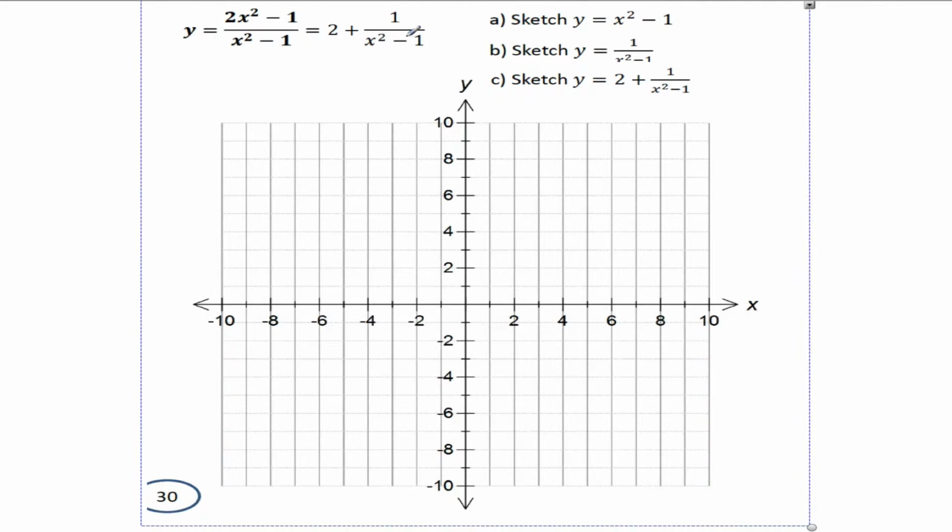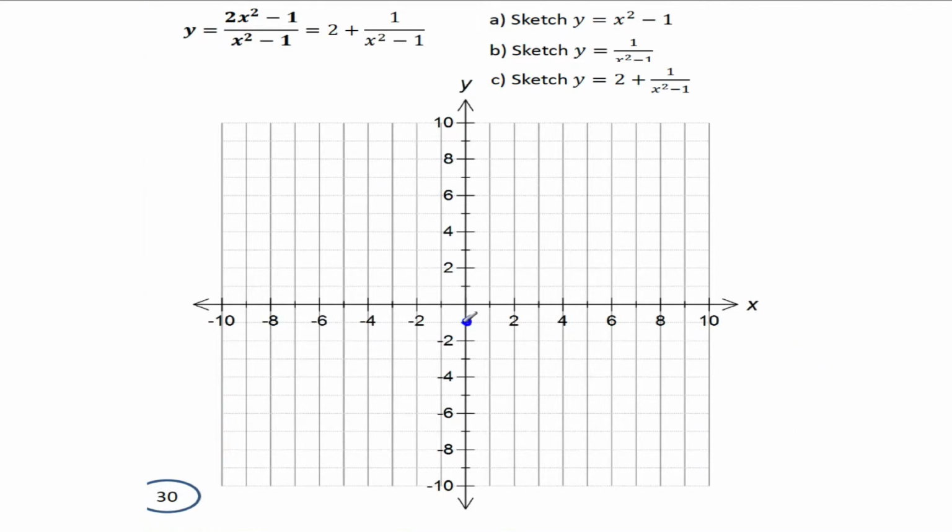So we're going to take it in a couple of steps. We're going to, first of all, sketch x squared minus 1. So that's easy. That's a positive shaped parabola that has dropped down by 1. So let's think about that. x squared minus 1 goes through here. Let's pick some points. That's 2, so that's 4 minus 1 is 3.